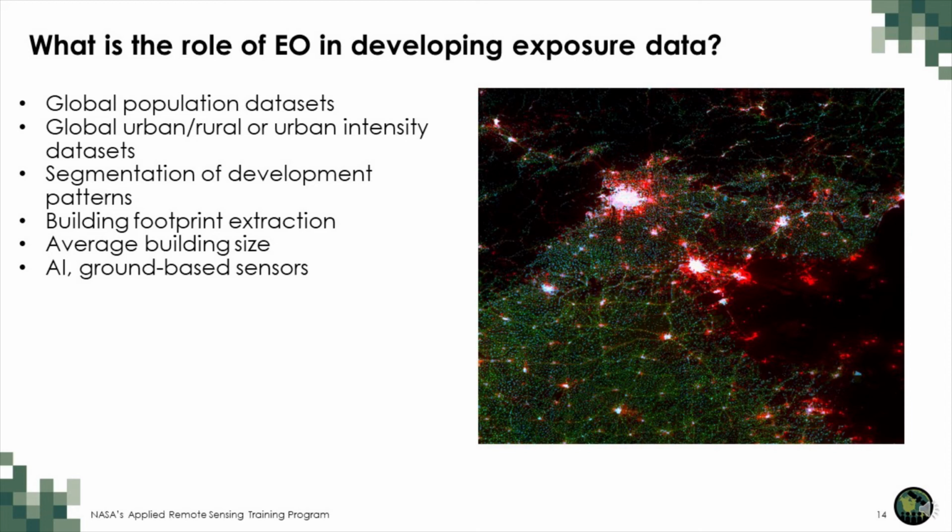This basically allows you to sidestep conducting a survey and directly take those attributes from data collected on the ground without having that engineering experience on the ground. All of this is pretty much in its research phase, but it promises that if we're able to harness that type of ground-based data, then we can combine that ground view with the sky view, if you will, to develop building exposure databases.